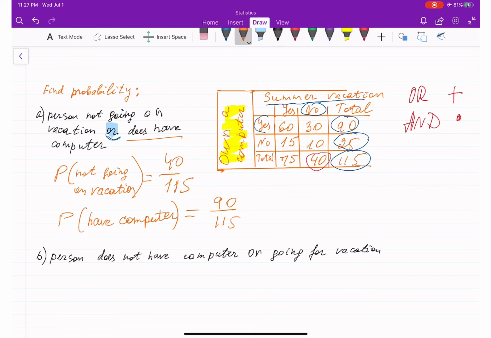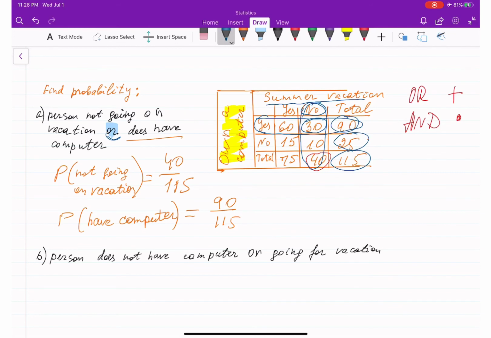But now look what is interesting here. We can picture it. Not going on vacation is this one, right? And having a computer is this one. What do we see here? We see that this number 30 repeats twice, among people who are not going on vacation and among people who do have a computer.